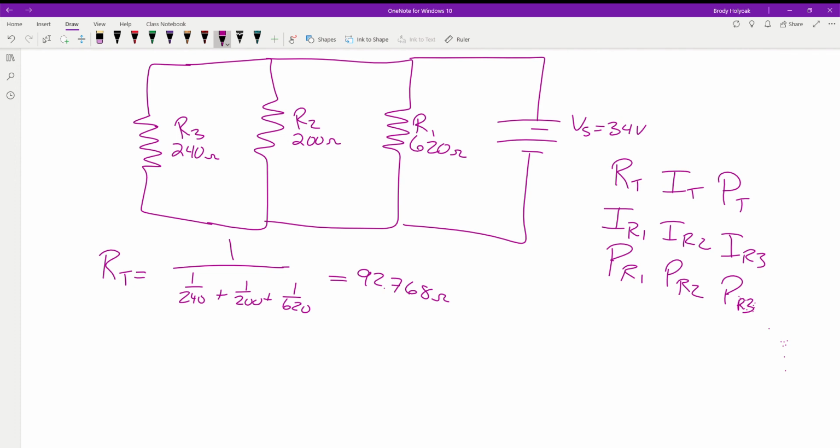Again, that's why I ask. We good there? Just ohms, because none of those are in kilo ohms.